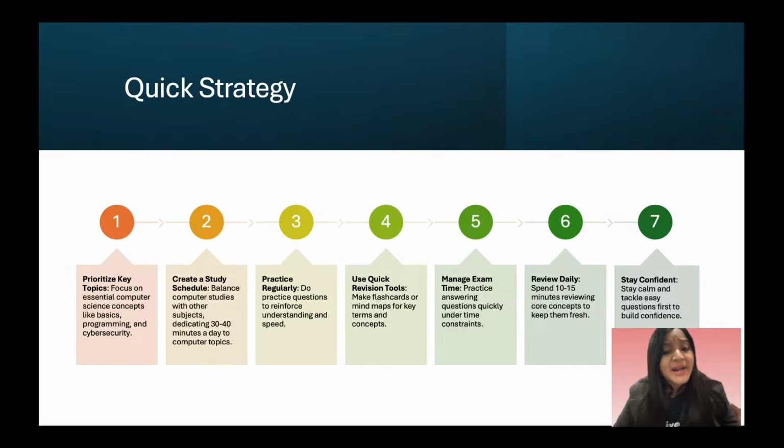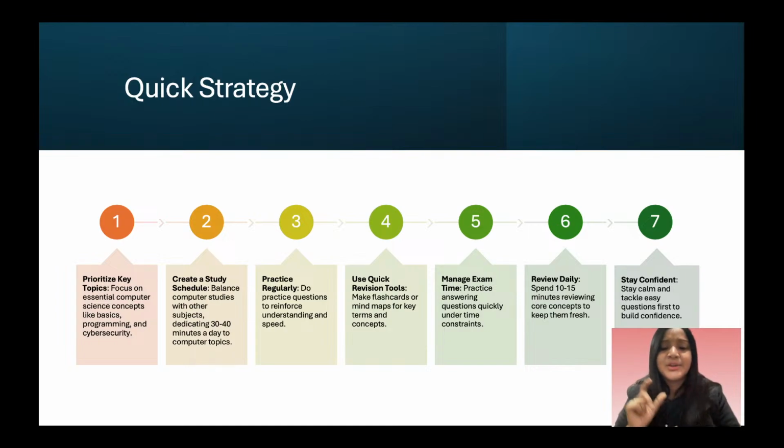You have to practice questions every day to reinforce your understanding and your speed, which matters, the speed. Use quick revision tools like flashcards, where you may be writing down the shortcut keys or something, and that would be easy for you to check out anytime and just remember. Create mind maps, terms, concepts. Just use your own way.